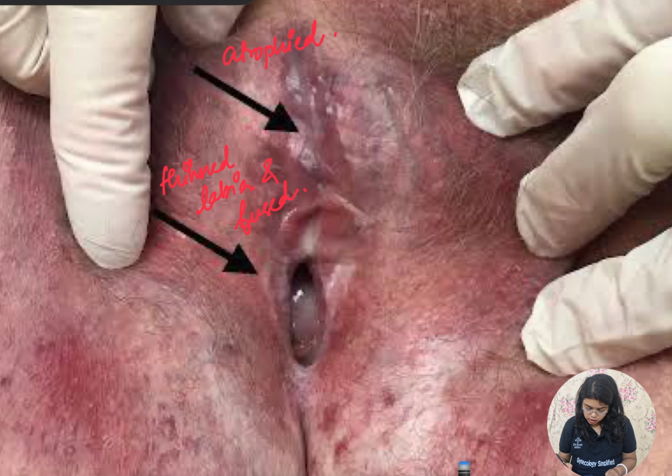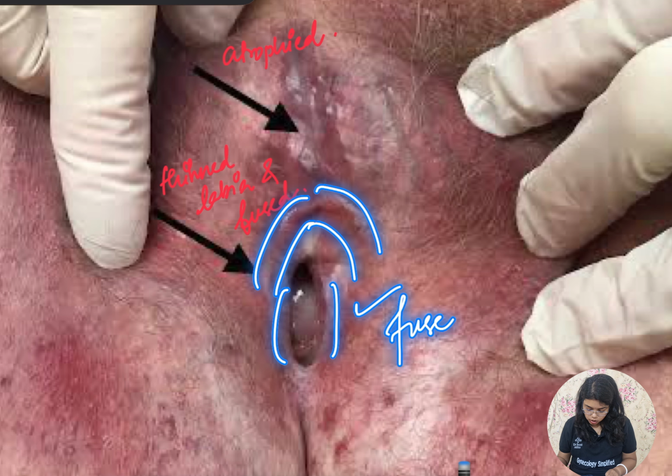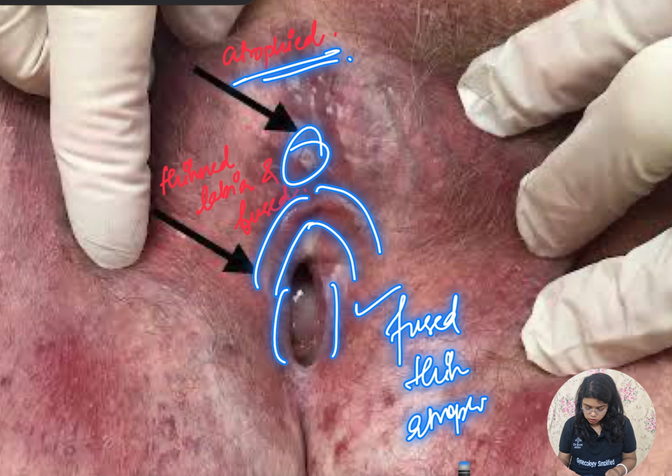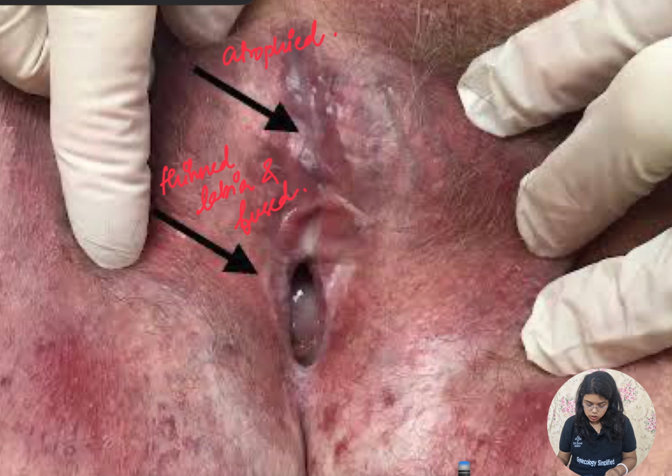See, the labia is thinned, and there is fusion of the labia. We cannot give a margin to the labia majora and labia minora. These are fused, thin, and also atrophied. Clitoris is also atrophied here. So this is the differential diagnosis of Paget's disease of the vulva.